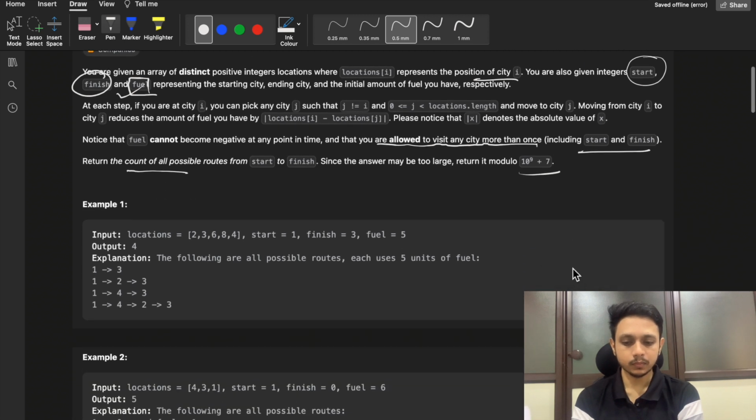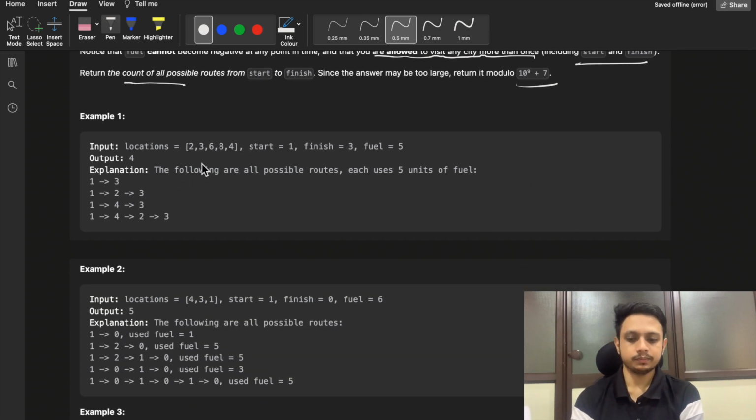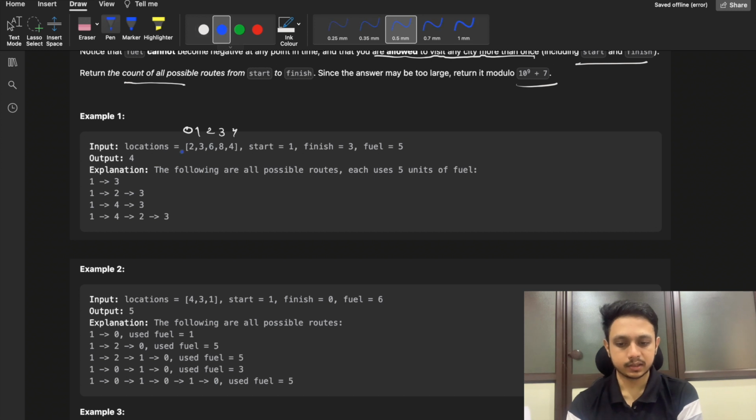Taking the first example, these are the locations of 5 cities, index 0 1 2 3 4. This is your start city and this is your finish city, and the total fuel you have initially is 5.